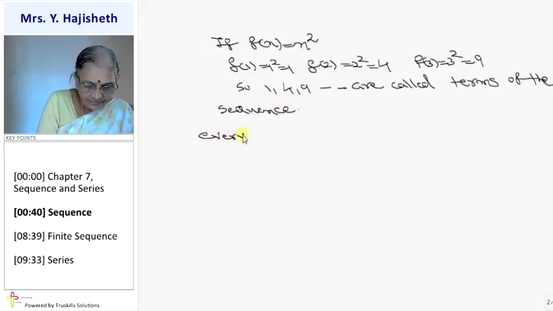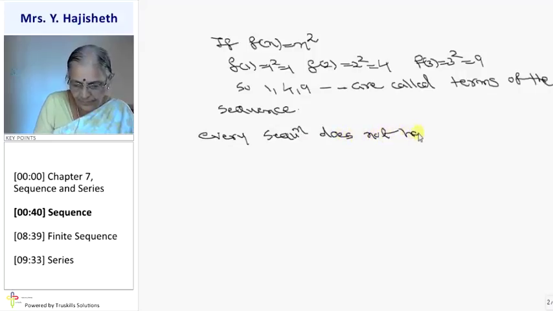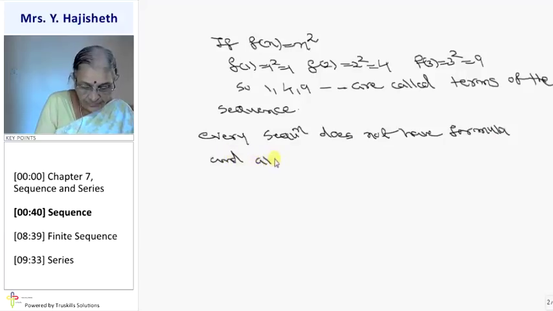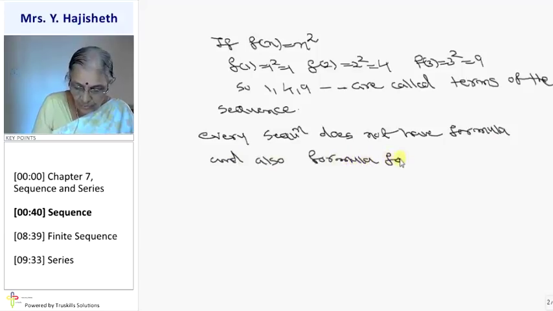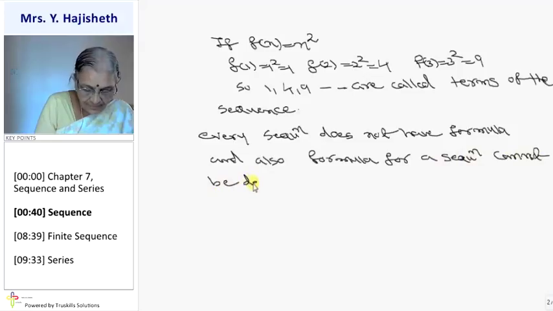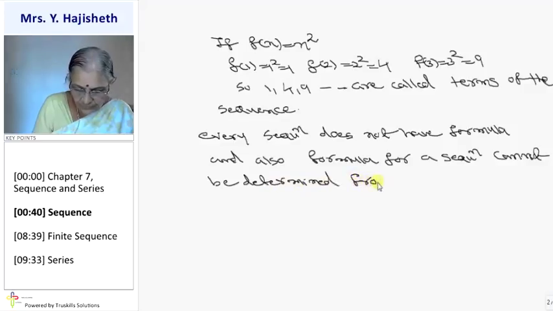Every sequence does not have a formula. And also, the formula for a sequence cannot be determined from the terms of the sequence.